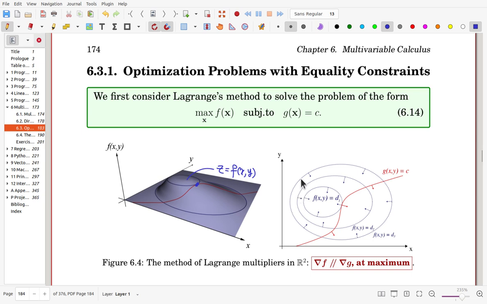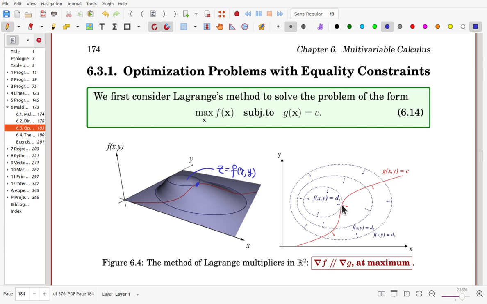Here the constraint is g of x, y equals c. Also, the gradient must be normal to the curve, and it is the fastest increase direction. But for this one, we don't know which direction is the increasing direction.